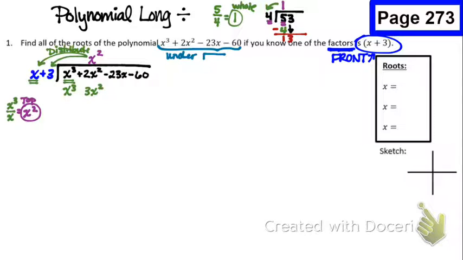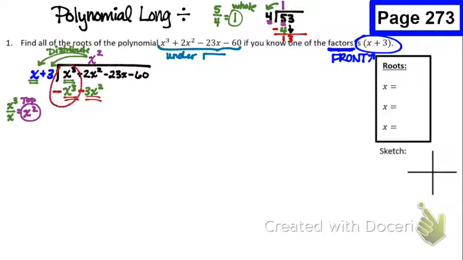What was the next thing that we did after we did the multiplying? What did you tell me to do? Subtract. I'm going to subtract this. How many things do I have here? 2. So how many things do I need to subtract? 2. I need to subtract both of them. Minus, minus.